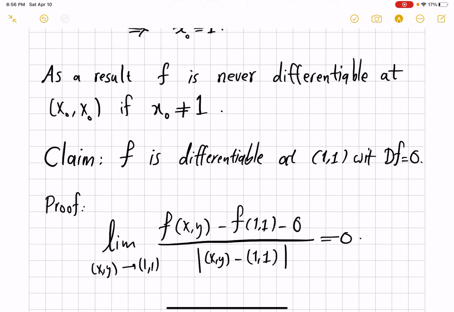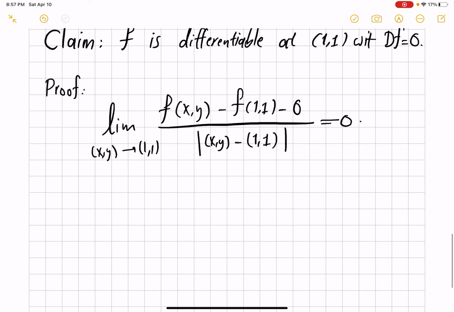So this will prove, by the very definition of the derivative, that this limit is indeed 0. And what else do we know? We know that this quantity is just 0, so everything simplifies.